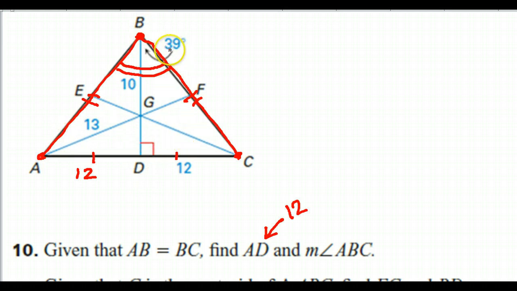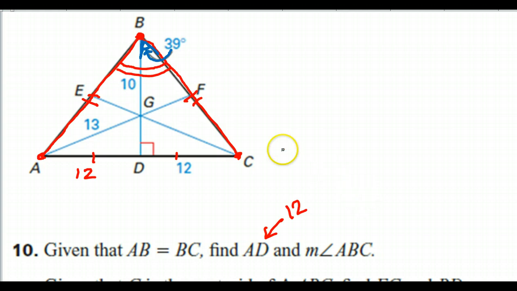You see this 39 degrees, and you see this little arrow pointing at it. Let me emphasize it. This 39 degrees right here, they are showing us this angle. But we're supposed to find the whole thing. So what is the relationship between the 39 degrees right here and angle ABC all the way across?